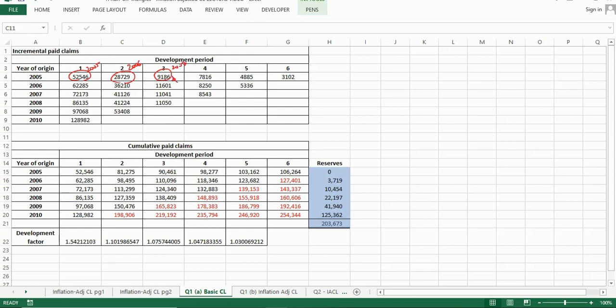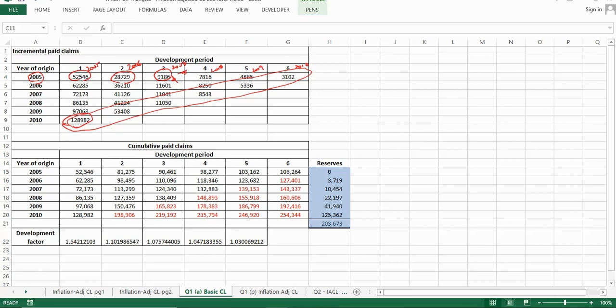So this 9186 is the amount of claims which have been paid in 2007, but which relate to accidents which have occurred in 2005, 2008, 2009, and 2010. This is the amount paid in 2010, which relates to accidents incurred in 2010. I think you understand that the diagonal here relates to the payments made in 2010.